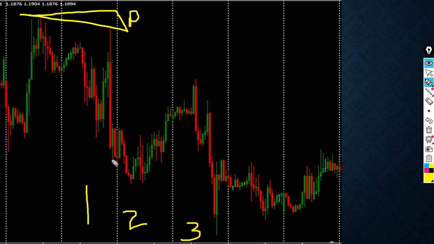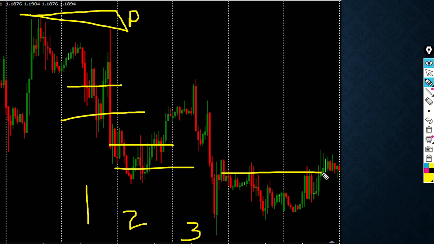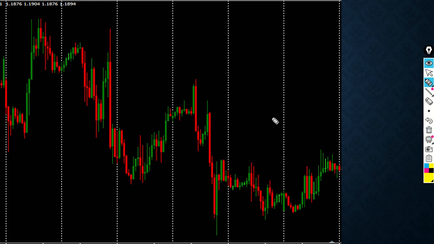From here, I want to see most probably 3 levels. The first level was in here, price dropped into the second level, and now we are in level 3. This is how I want to see my levels.